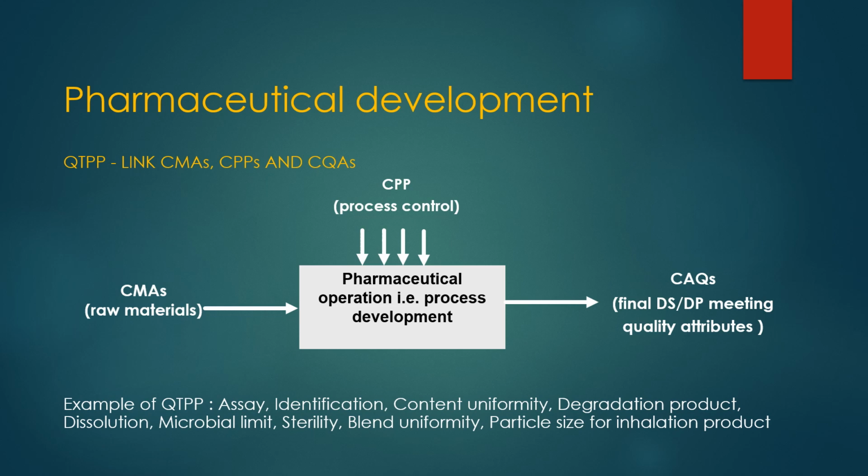These are the CMAs for the tablet development. By using these right materials and controlling the process by critical process parameters such as mixing speed, time, humidity, or temperature to achieve the intermediate CQAs like blend uniformity and the final CQAs like content uniformity and assay.